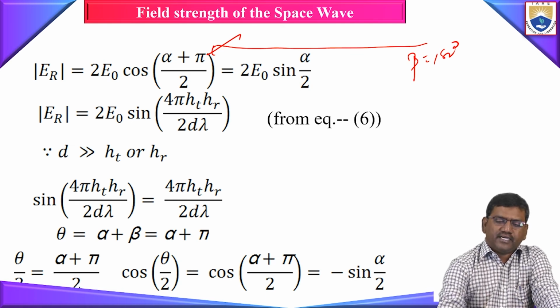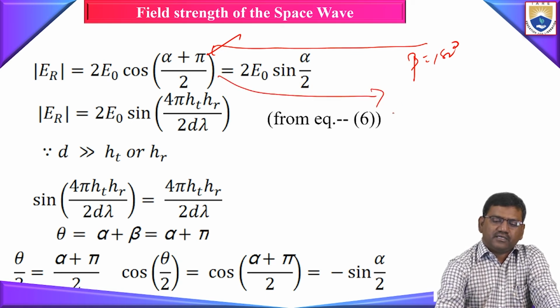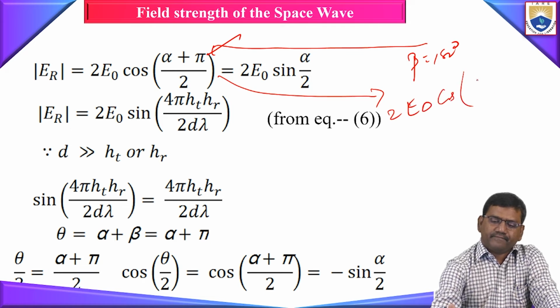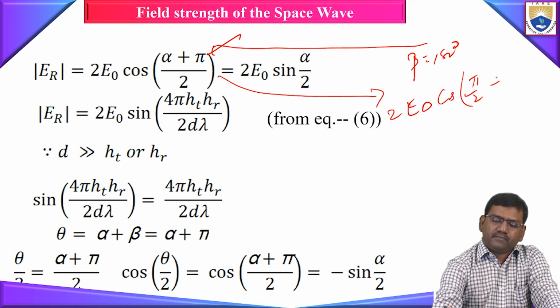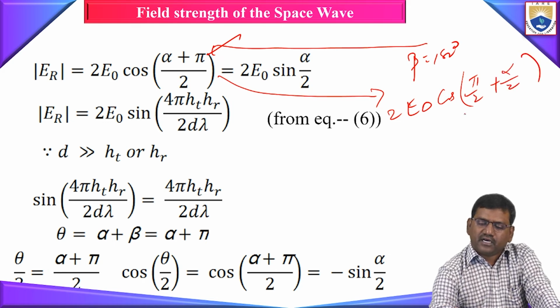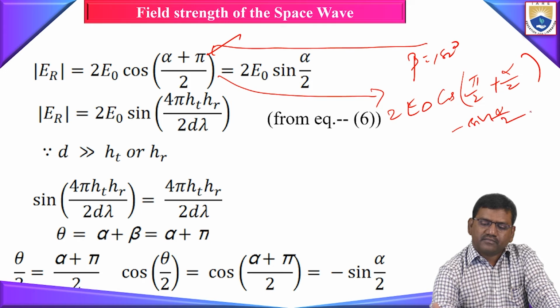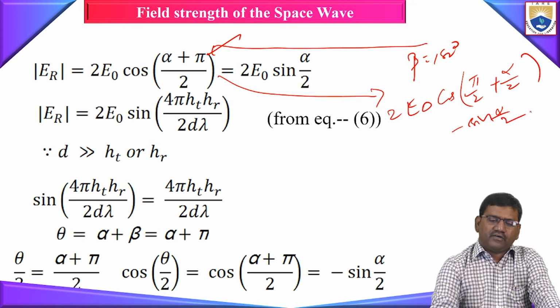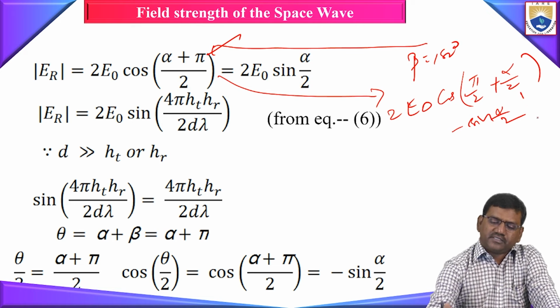So we can write this expression as 2 E naught cos pi by 2 plus alpha by 2. So cos 90 plus theta is equal to minus sin alpha by 2. As we are taking the modulus, you will get sin alpha by 2.